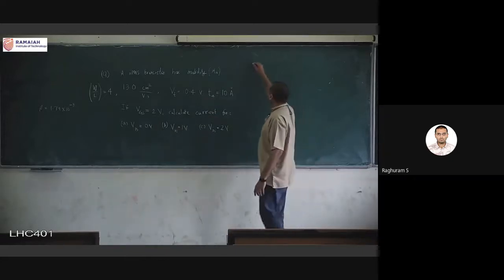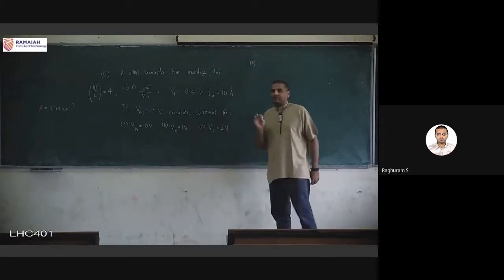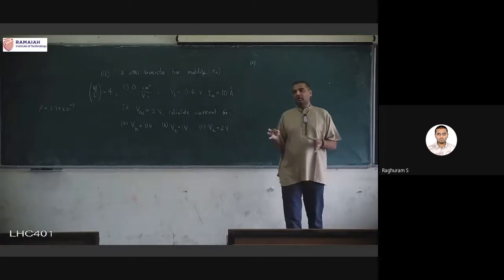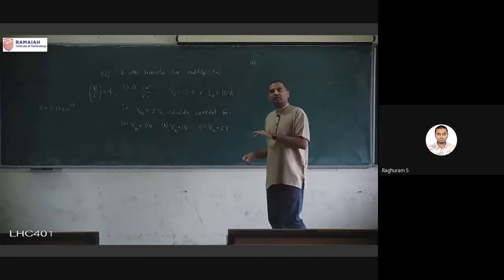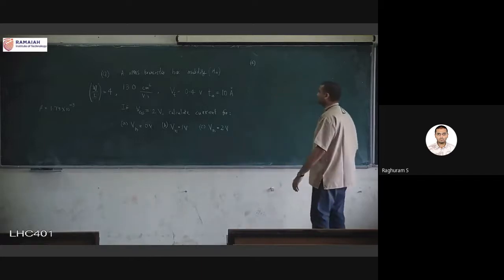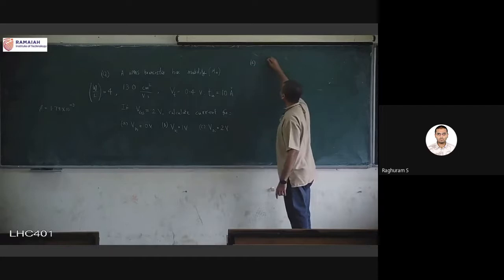Let us go for part A, and as always, first find out what is the mode of operation. Only when we find the mode of operation, we can go for the current calculation. So mode of operation, we need to put in all the values.